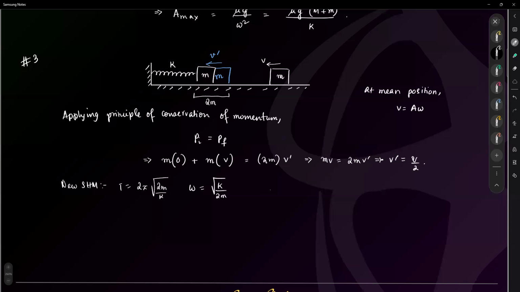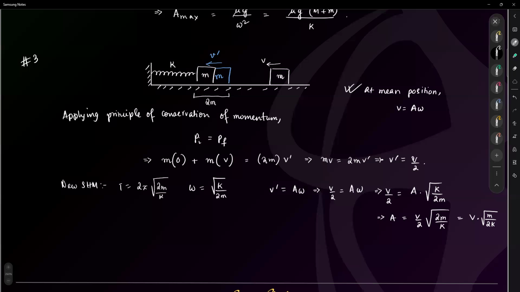Now, we have seen that v dashed is equal to v by 2. Also, v dashed will be equal to A omega by this rule. So, v by 2 will be equal to A omega. Now, we have the value of omega. V by 2 is equal to A into root over of k by 2m. From here, can I write that A is equal to v by 2 root over of 2m by k? That is, it is equal to v into root over of m by 2k.